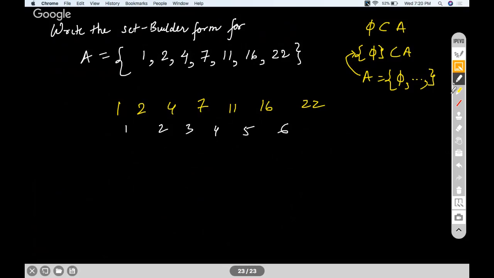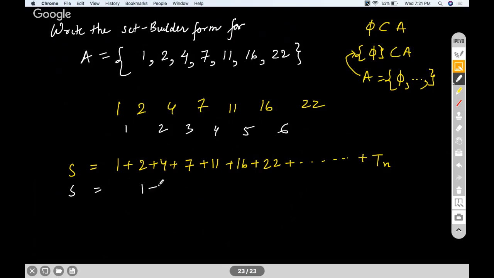Okay, I'll show you something very interesting. Let's say I decide to add these numbers up till the last term, let's say the nth term. Let me call this S. Let's write the same terms once shifted to the right.